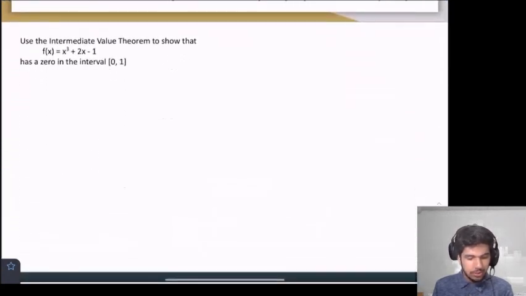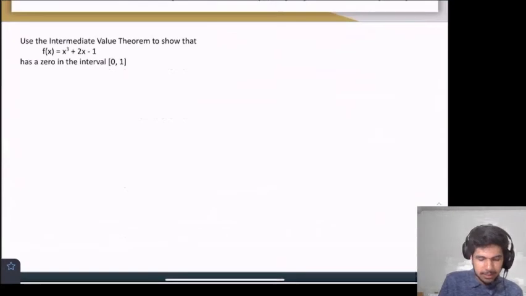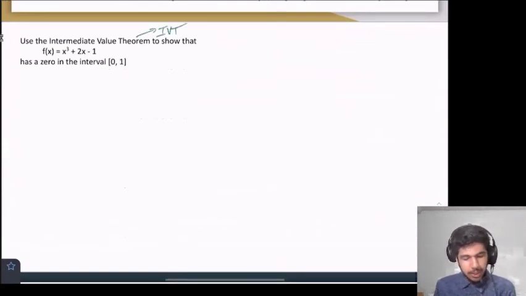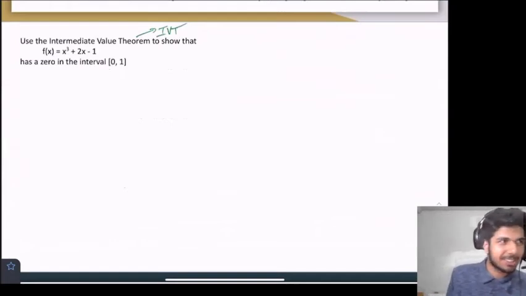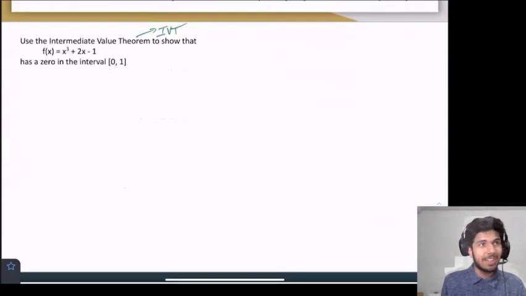Cool. So use the intermediate value theorem, sometimes abbreviated as IVT, to show that f of x equals x cubed plus 2x minus 1 has a zero in the interval 0, 1. This one seems a little bit difficult, and if we weren't told to use the intermediate value theorem, it might be difficult to prove.